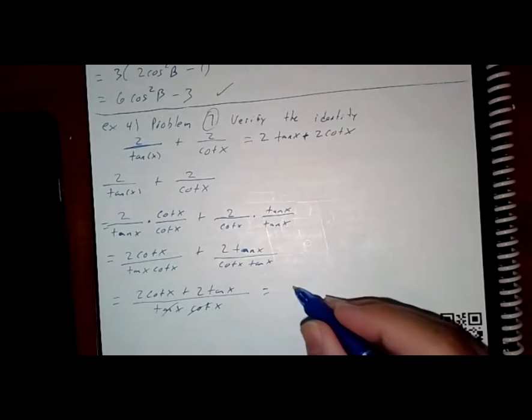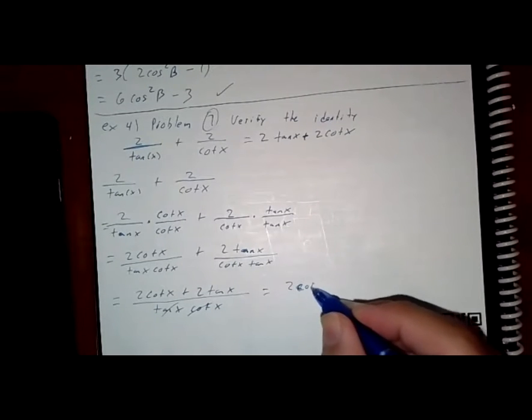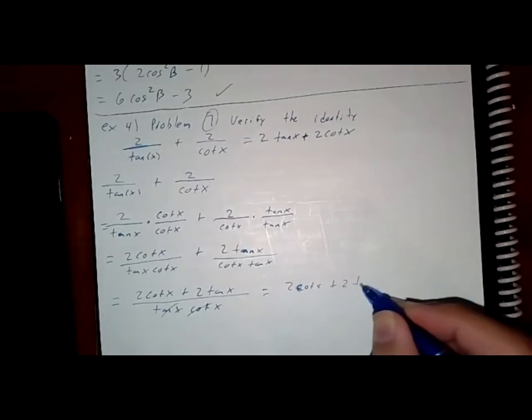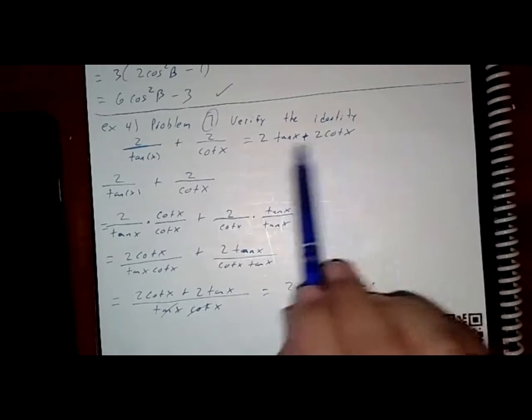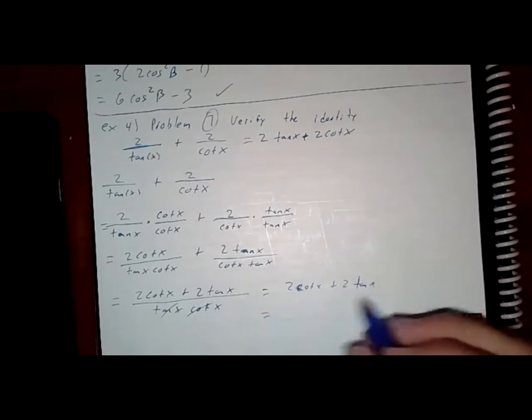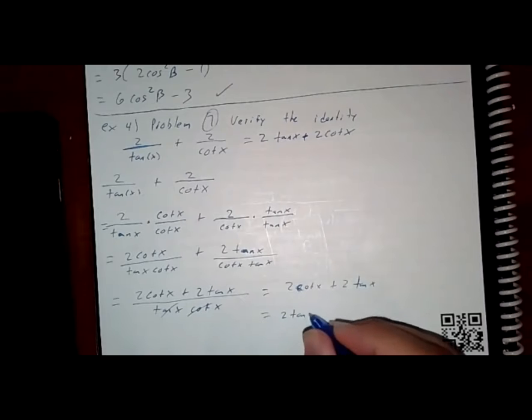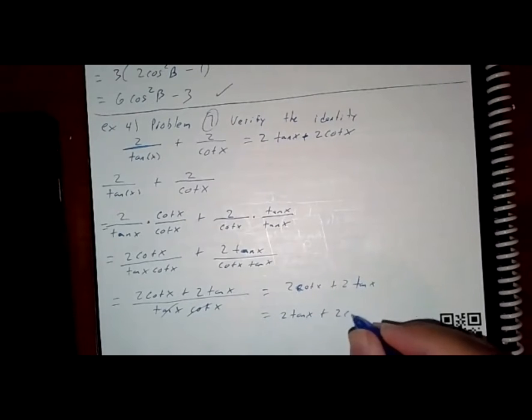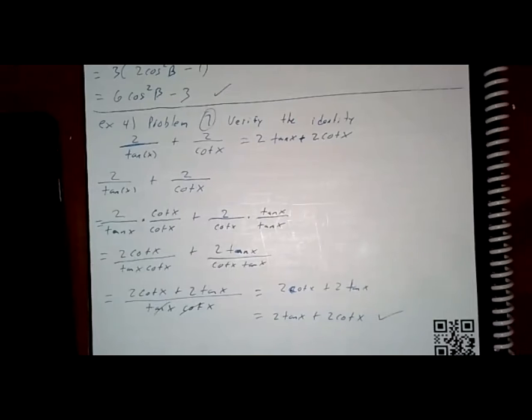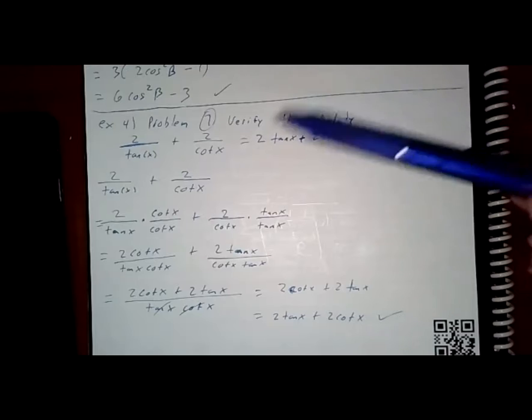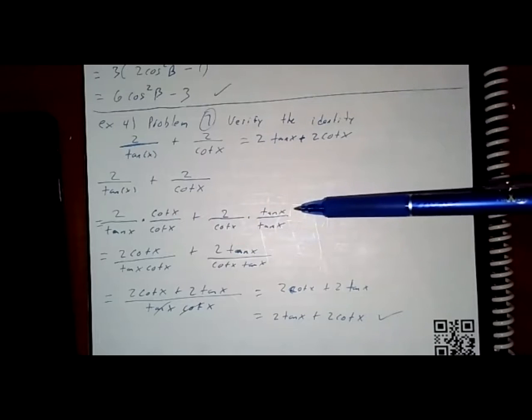And give you 2 cot x plus 2 tan x, which is what we wanted to show, right? Just backwards, same deal. If you want to rewrite it, why not? Are there any questions on how to add these fractions? Was that okay?